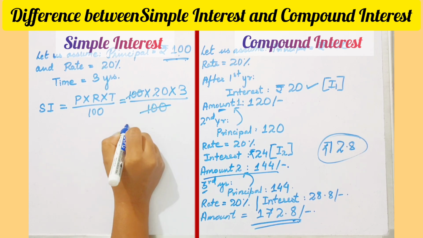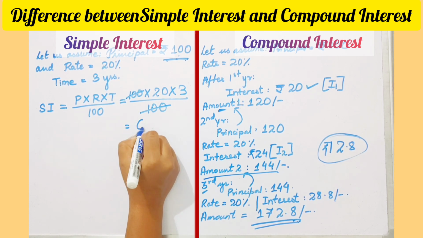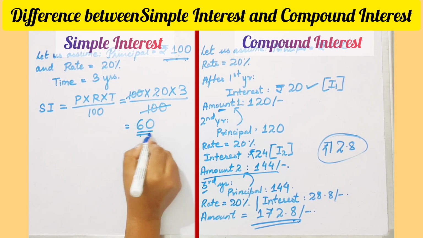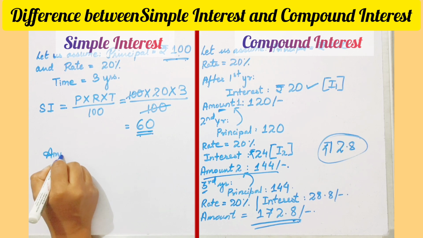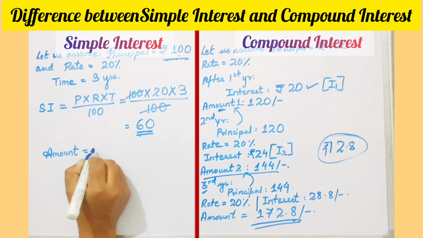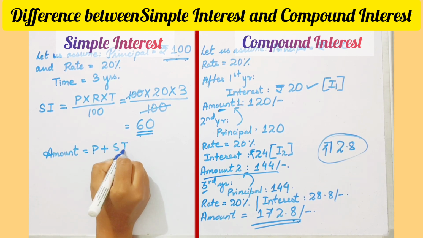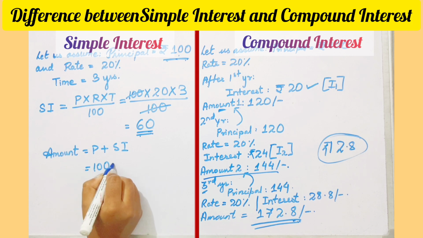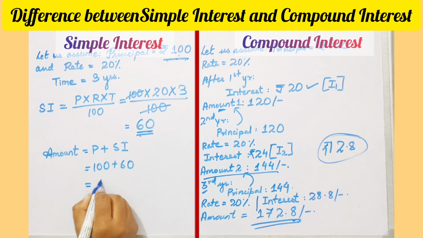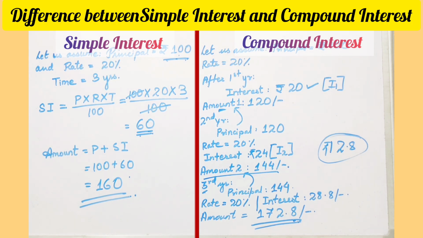So 100 and 100 get cancelled. We have 60 rupees as simple interest. And when we calculate the amount, it is principal plus SI, 100 plus 60, which is equal to 160 rupees. Here we got the exact answer that we had calculated year-wise.